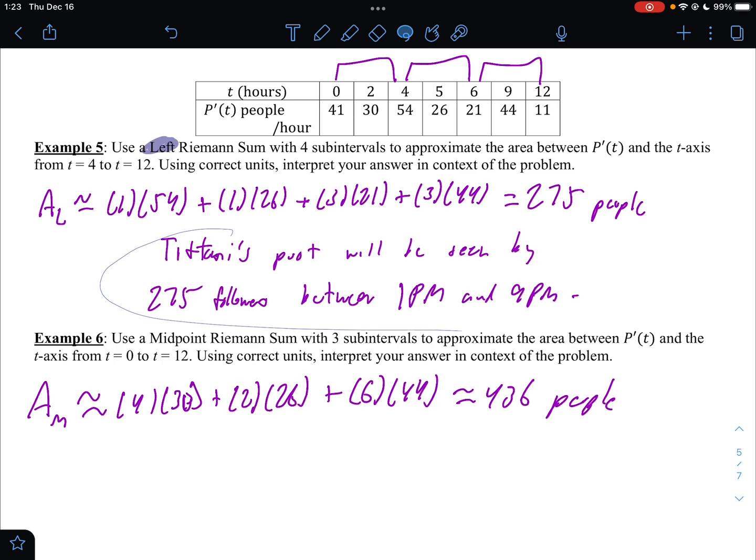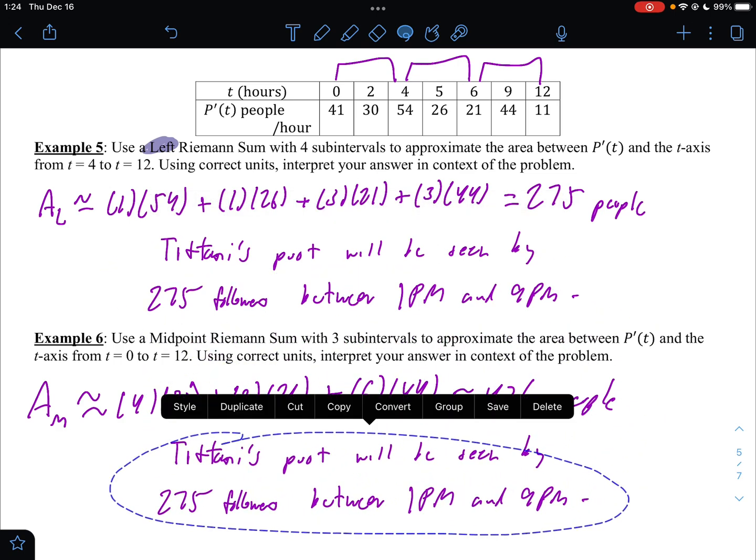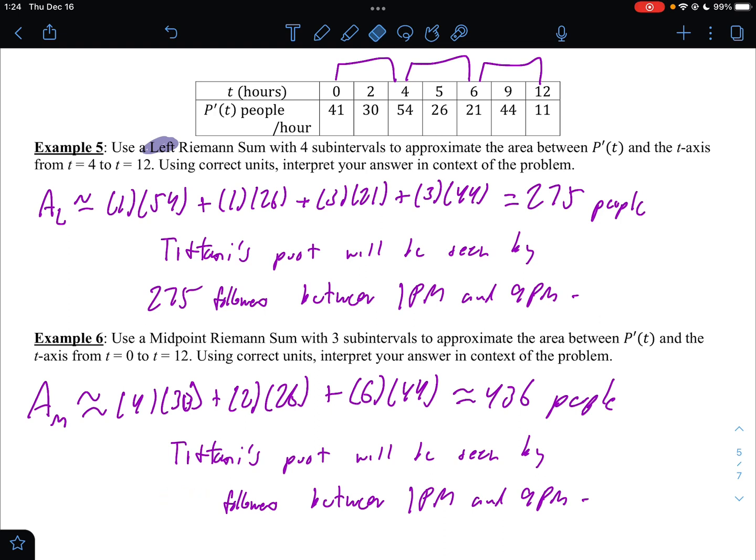So, interpreting that one more time, Tiffany's post will be seen by 436 followers between 9 a.m. and 9 p.m. And again, these are just estimates. They're not perfect. These are our best guesses that we can come up with.